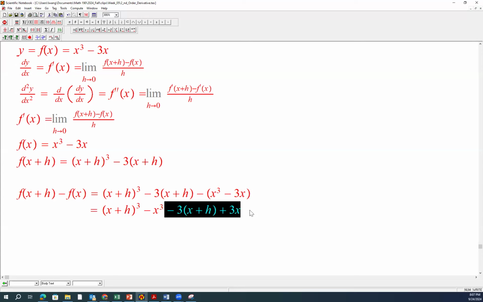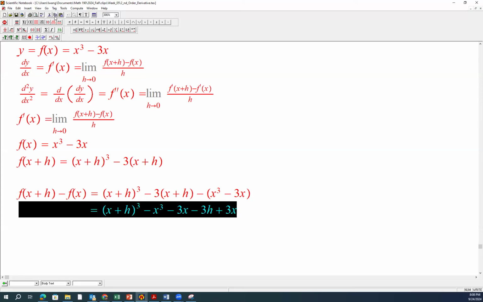And on this latter part, of course, we're going to deal with this part, okay? And we're also going to deal with the other part. So obviously, we're going to have minus 3x minus 3h, right? So this is minus 3h. So negative 3x and positive 3x will make 0. So that part is easy to fix.